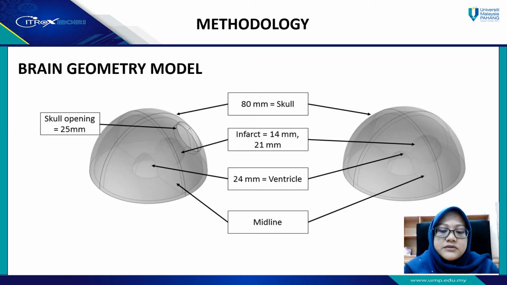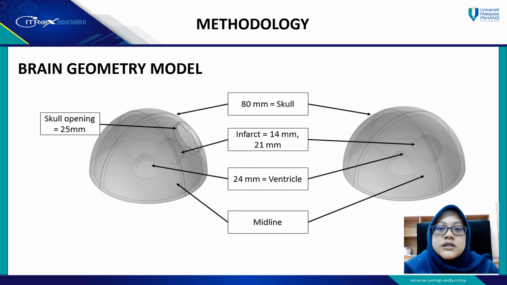There are two types of brain geometry model, which are with decompressive craniectomy and without decompressive craniectomy operation. As we mentioned before, there are two sizes of infarct used in the simulation, which are 40 millimeter and 21 millimeter. Both models have the same dimension of the skull as well as the ventricle.